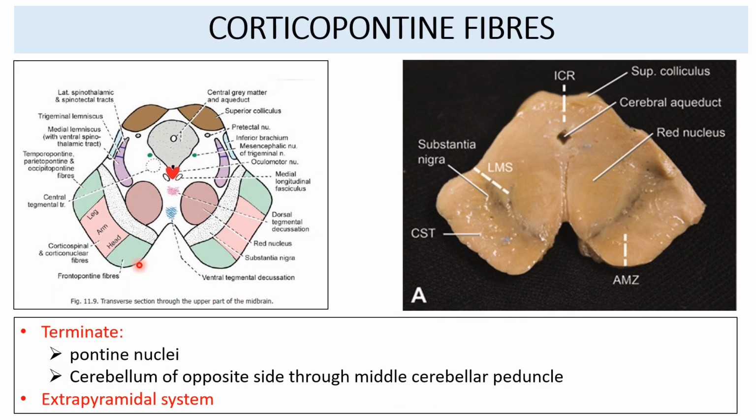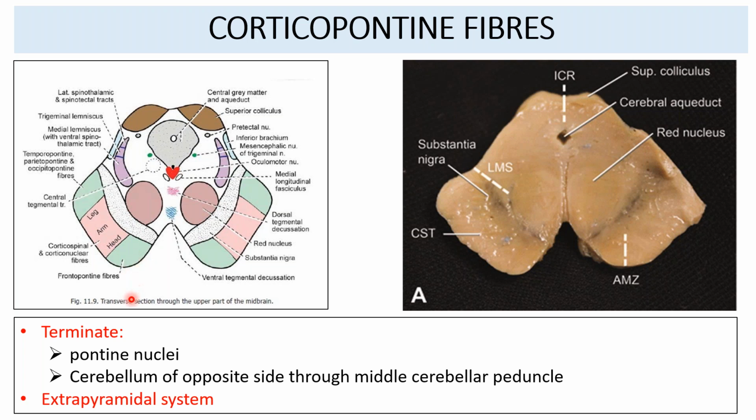Now, corticopontine fibers are the fibers arising from the cerebral cortex. They reach the pontine nuclei, because below the midbrain you have the pons. Suppose I'm talking about frontopontine fibers. They arise from the cerebral cortex, reach the medial 1/5 area of the midbrain, and then from here reach the pontine nuclei.